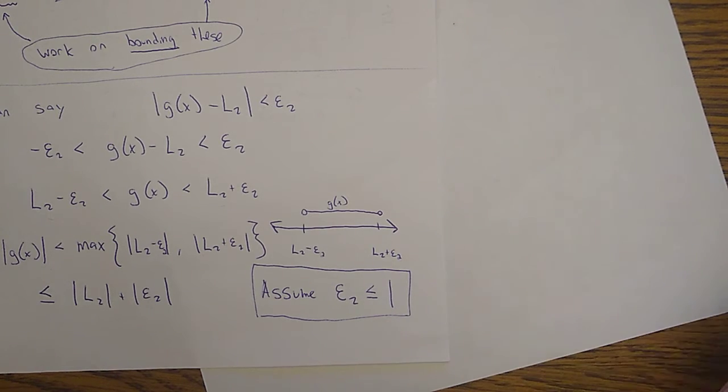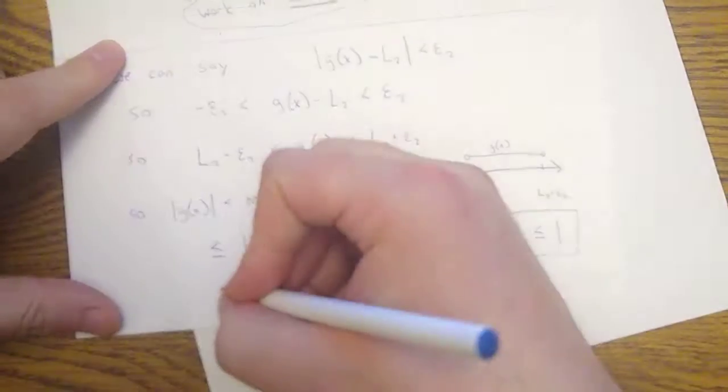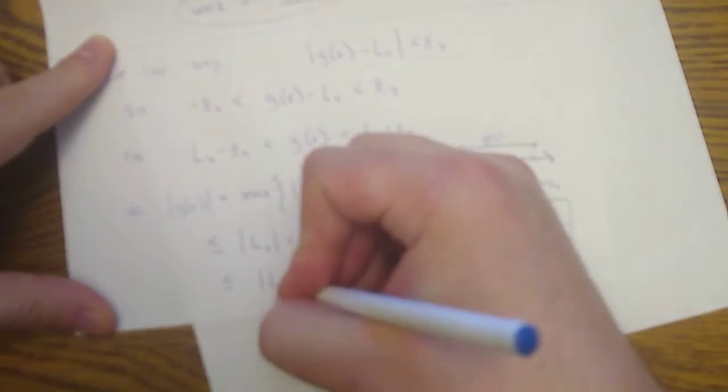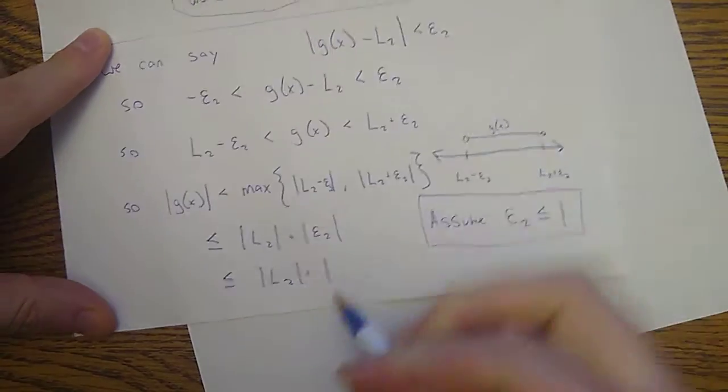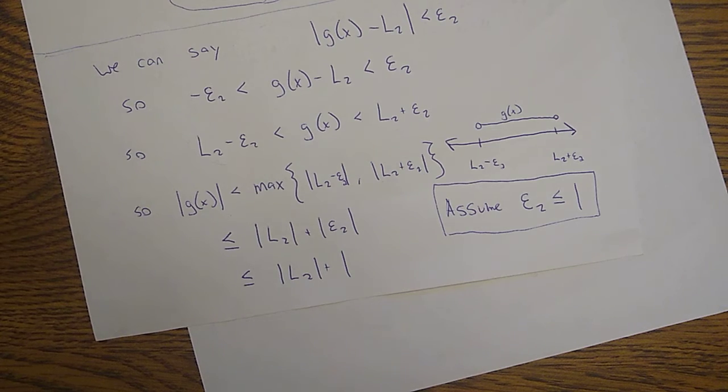So I'm allowed to assume that they're at most 1. I could say 1/100th or 1/1000th or 1/1,000,000th here if I wanted. I can just assume that epsilon is less than or equal to name whatever specific positive number you want, and I'm allowed to assume that. And then I just get to put a 1 here. I like that better.